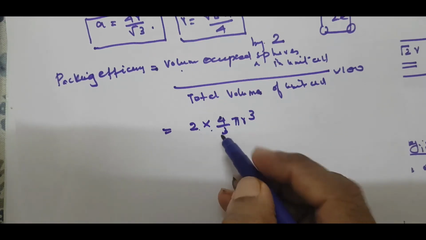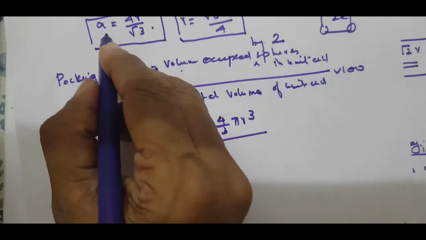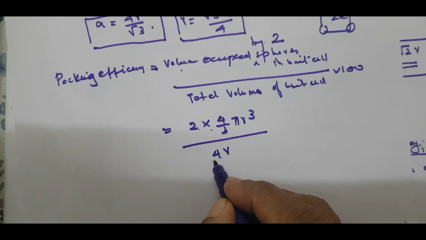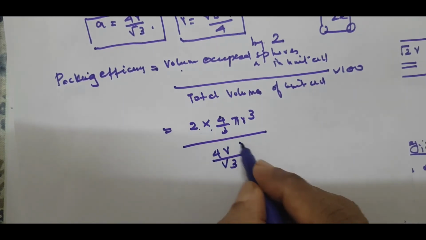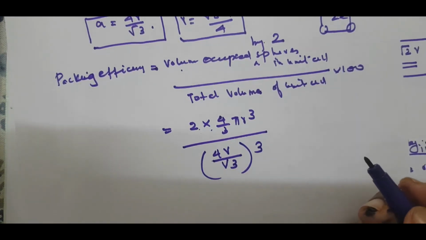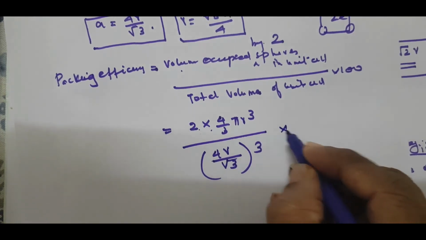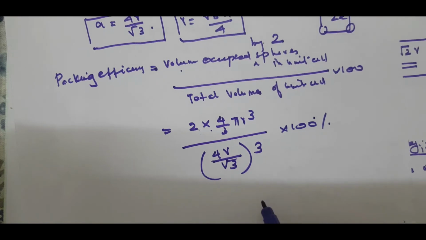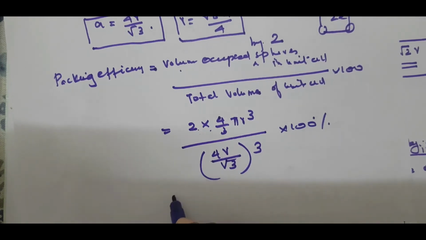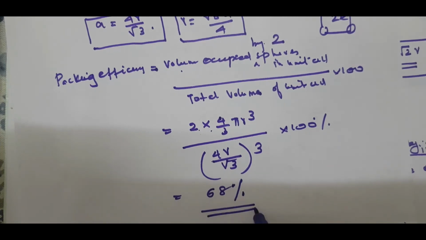So 2 into 4 by 3 pi r cube divided by, what is A here? A is 4r by root 3, the whole cube, into 100 percentage. On calculation we will get around 68 percentage.